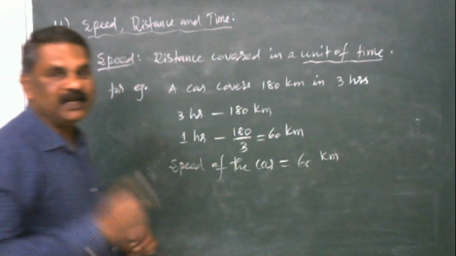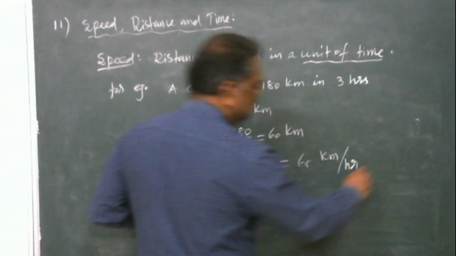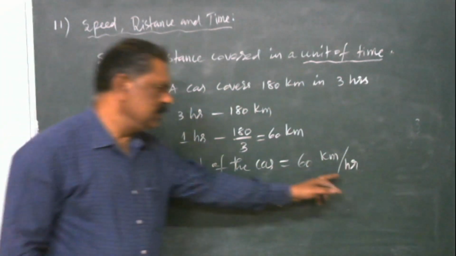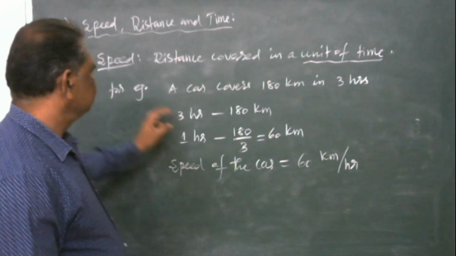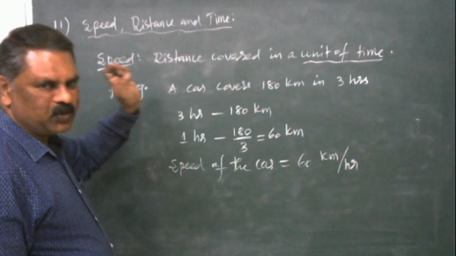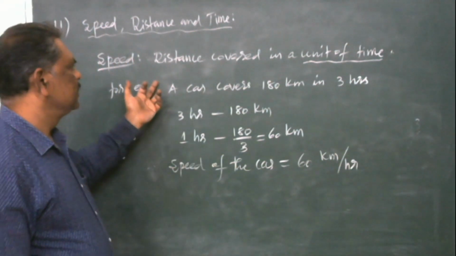We always write in a unit of time, so we write per hour. So kilometer per hour: 1 hour, 60 km. That is the meaning. So distance only we call a speed if it is covered in a unit of time.